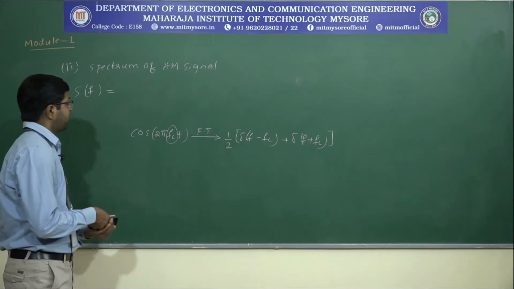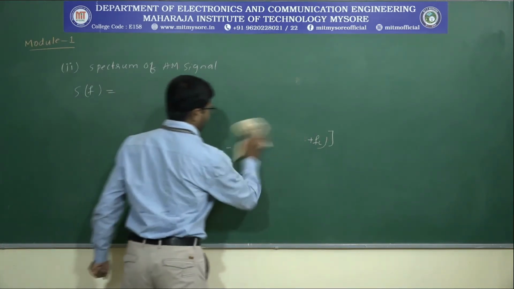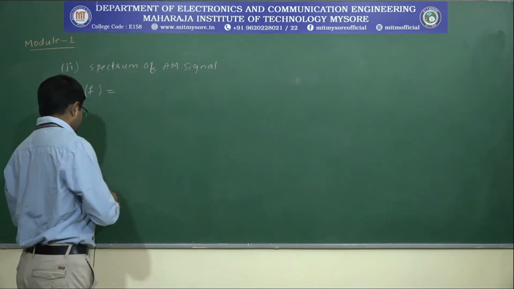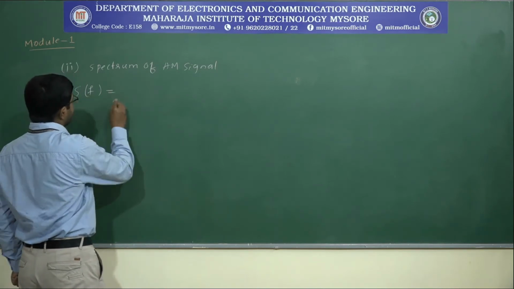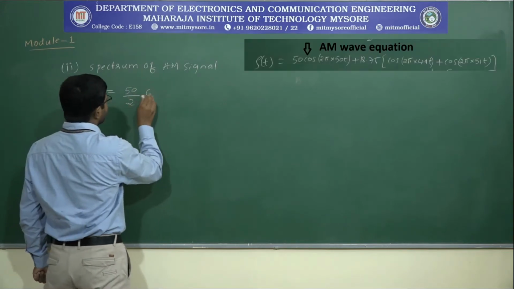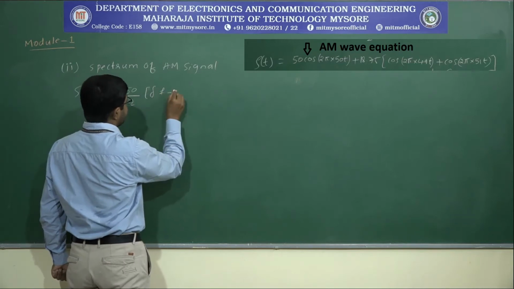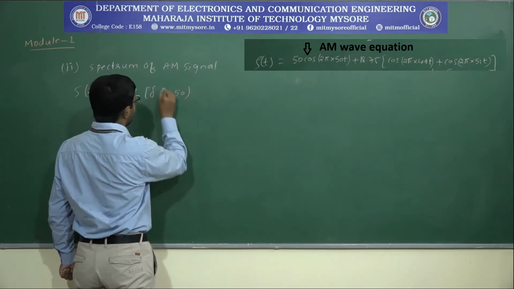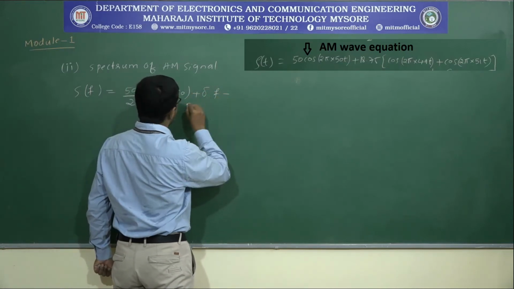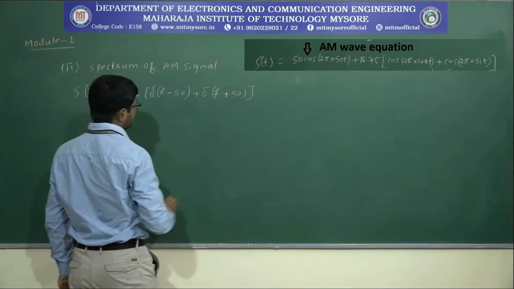So using this relation, we can write the expression for the AM wave in the frequency domain. Let me write the equation now. 50 by 2 [delta f minus fc plus delta f plus fc]. What is fc? fc is 50 hertz. This is our first term.